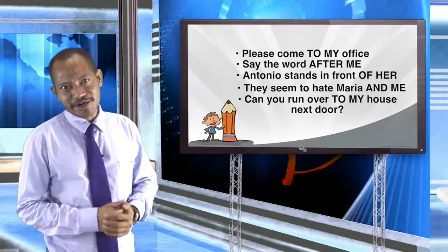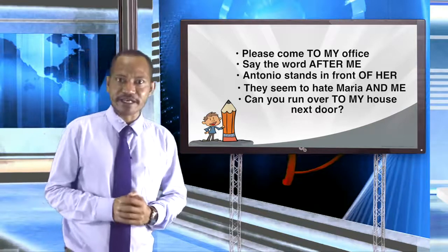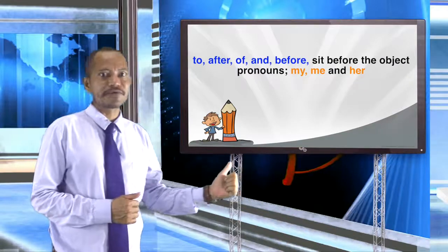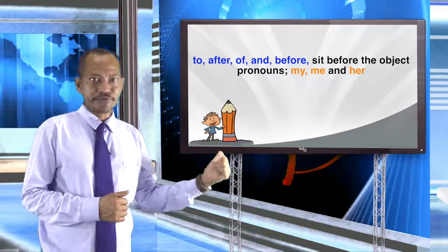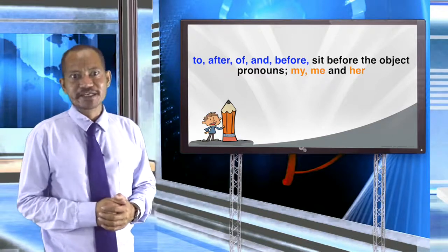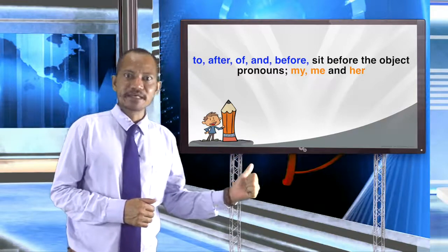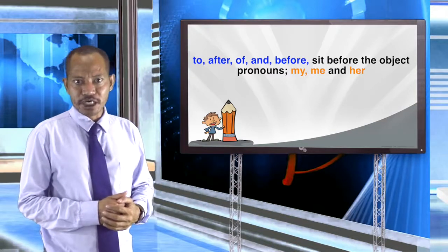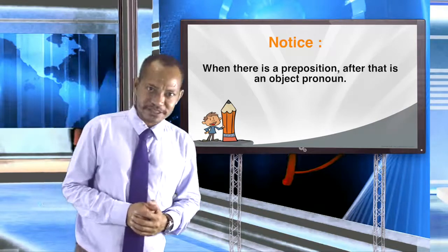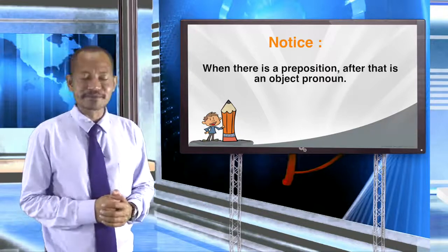So, as shown in these examples, prepositions like to, after, of, and before sit before the object pronouns like me and her. And notice, whenever you see a preposition, what needs to follow is an object pronoun.